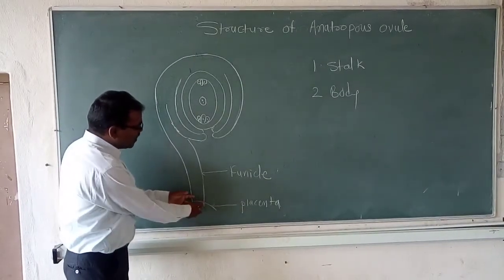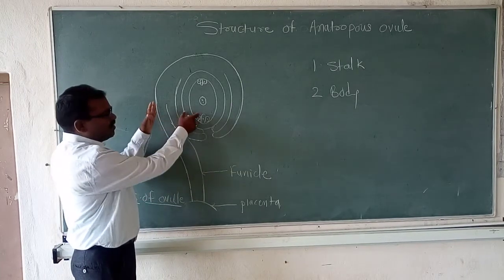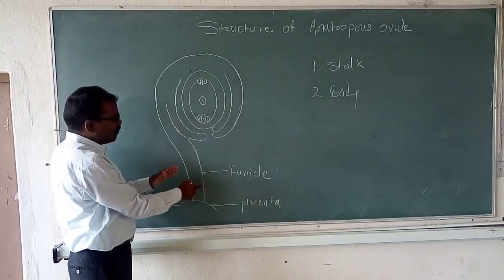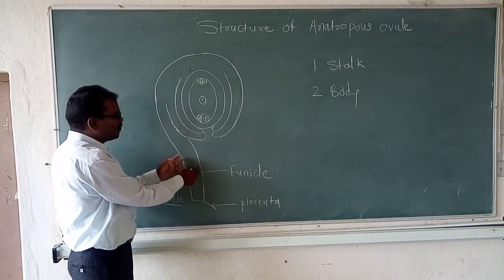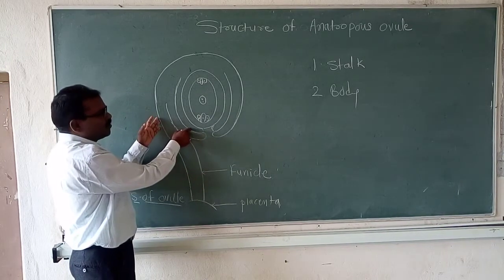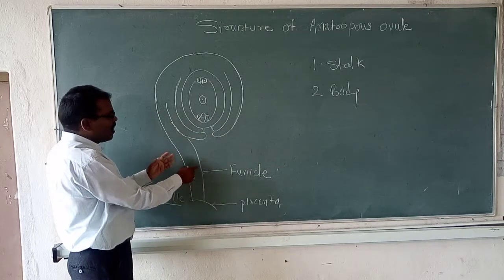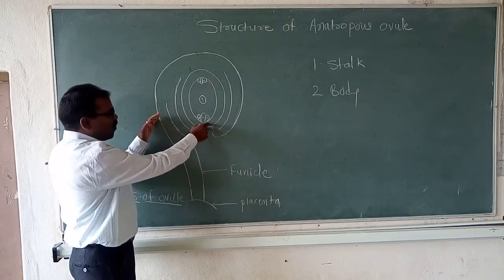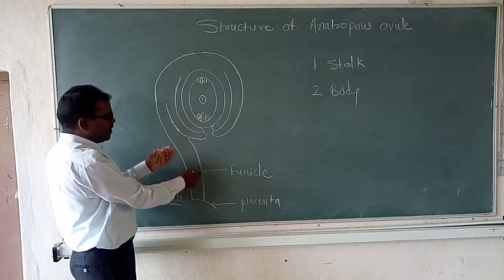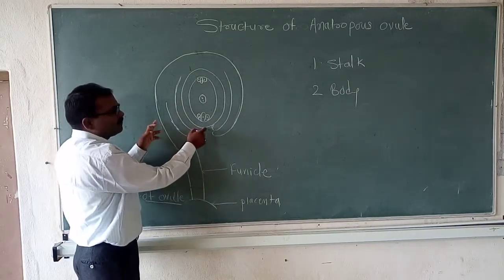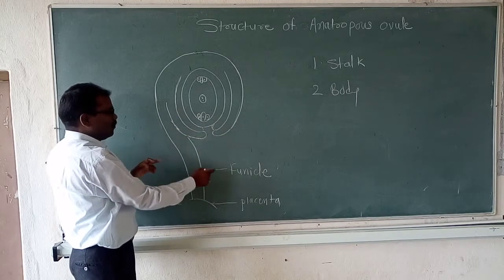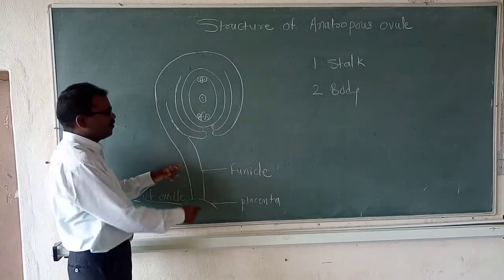Placenta supplies nutrition to the ovule. What is the function of funicle? Funicle conducts the food material from placenta to the body of the ovule, and acts as stalk of the ovule.